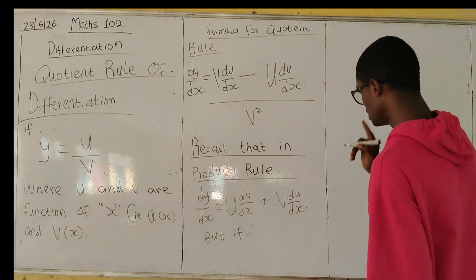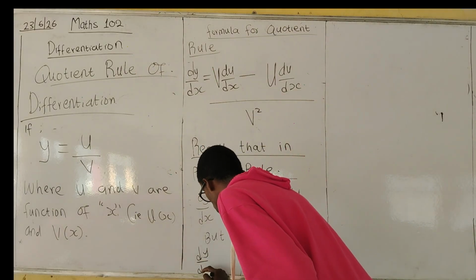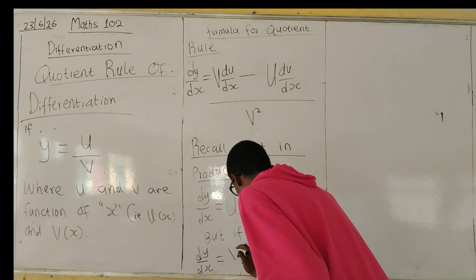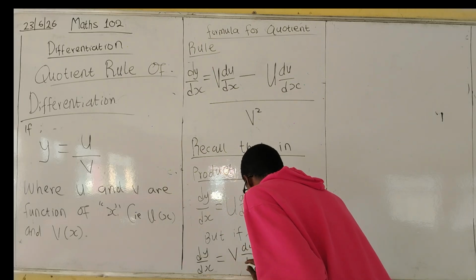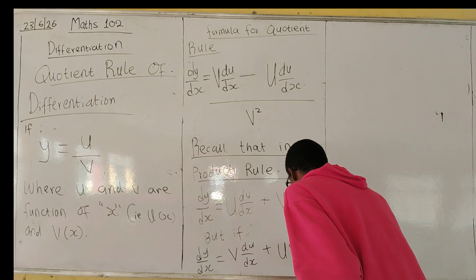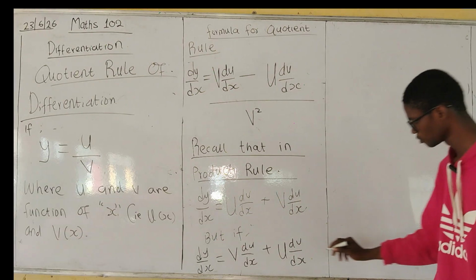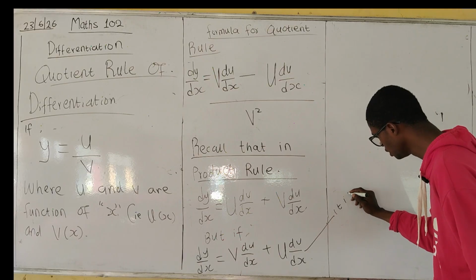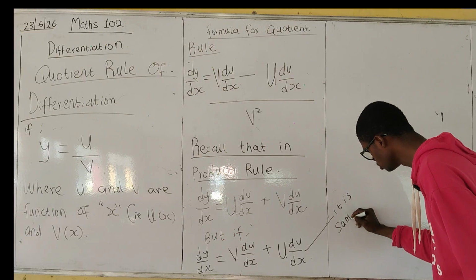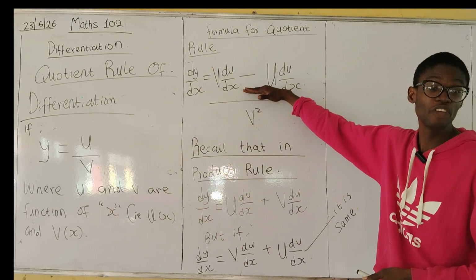If we state it as v du dx plus u dv dx, it will not be wrong, it is still the same thing. But if you make that mistake here, you have started to fail.